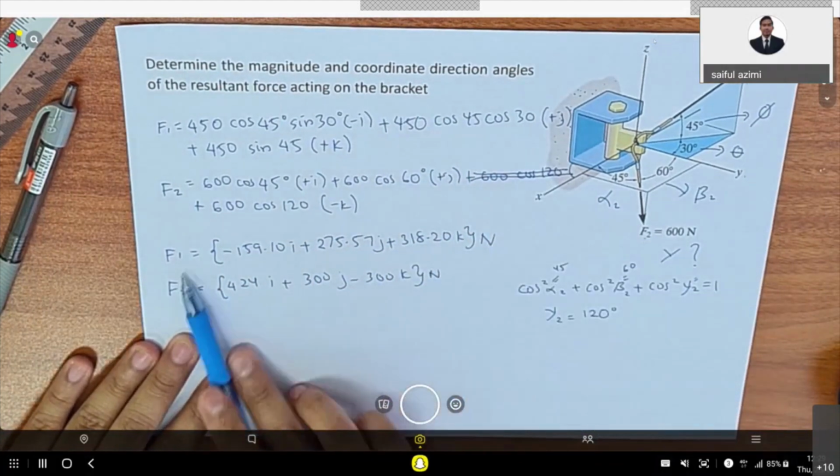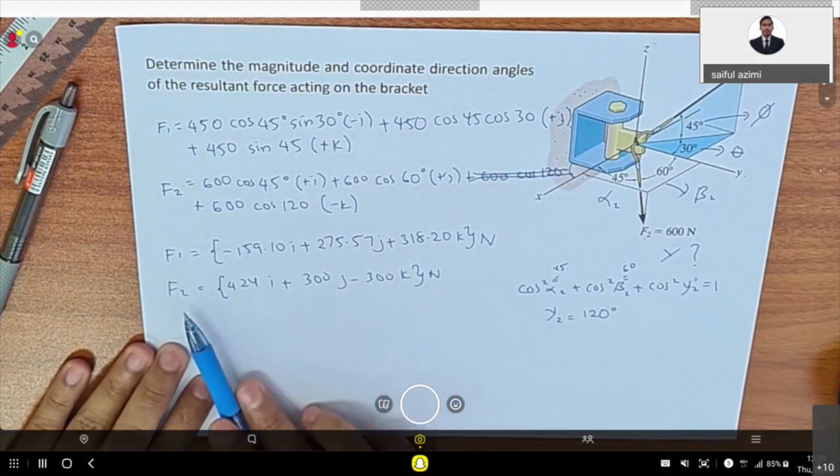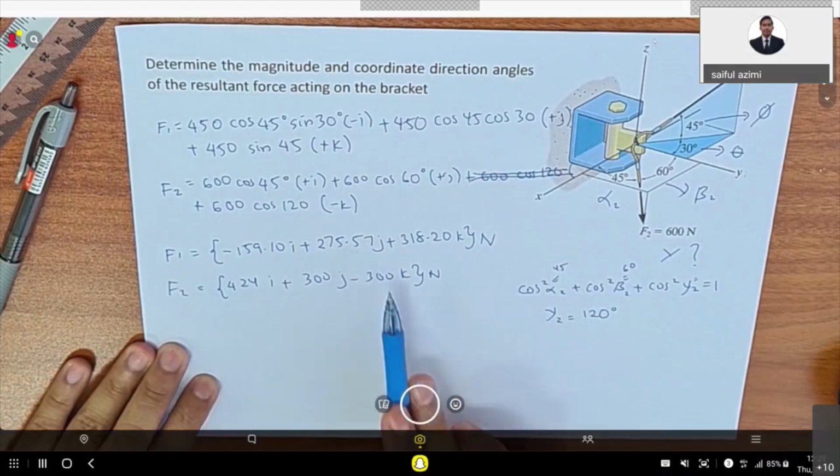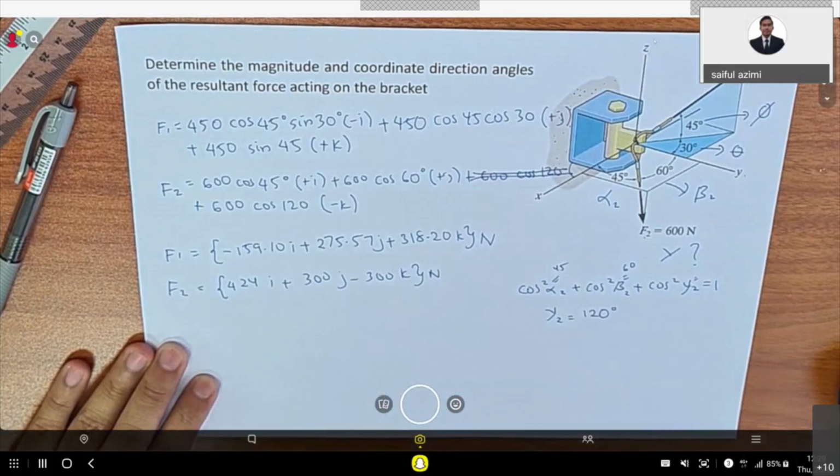So these are the elements of your force 1 and force 2 in 3D Cartesian form.